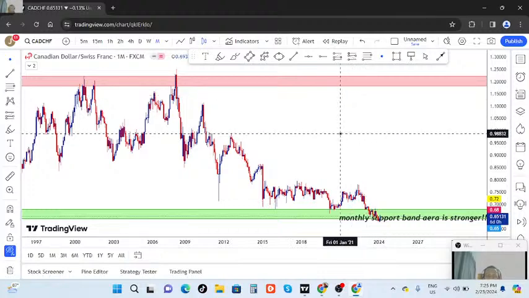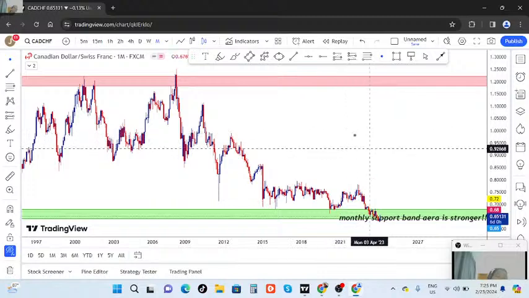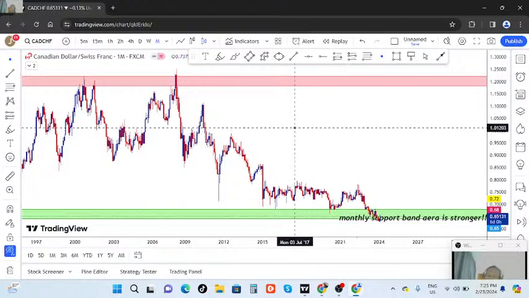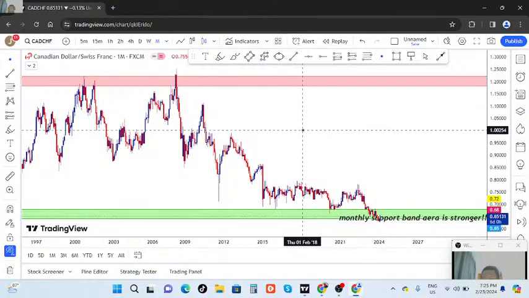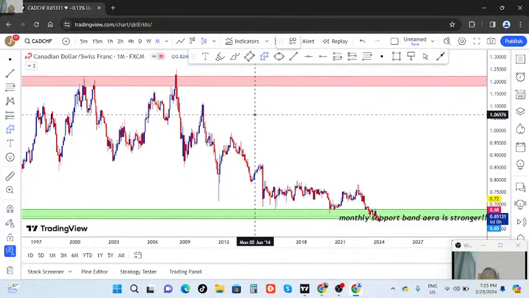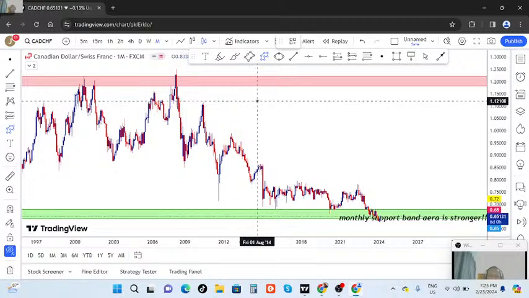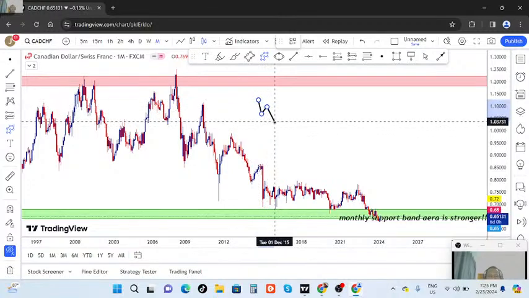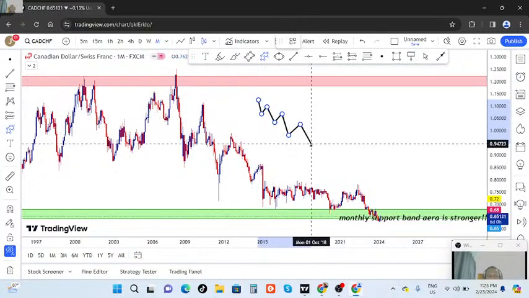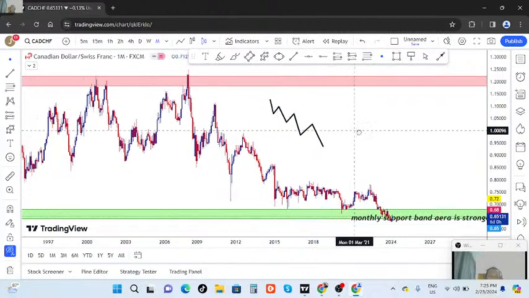So right now we're looking at market structure trend and short-term trend. What is the difference? First of all, what is market structure trend? Many of us as beginners learn about short-term trend: lower lows, lower highs, lower lows, lower highs.